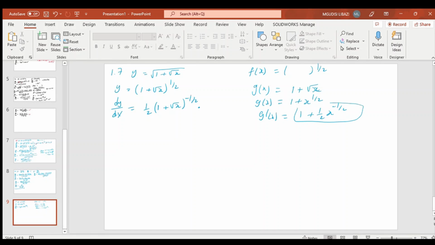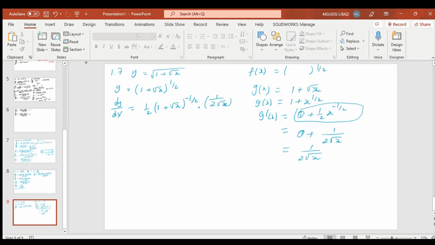This is what we're going to multiply by. If we simplify, we have 1 over 2 root x, because we're taking the x to the minus 1 over 2 to the denominator. The derivative of 1 is 0, because it's a constant, and then we have 1 over 2 root x.